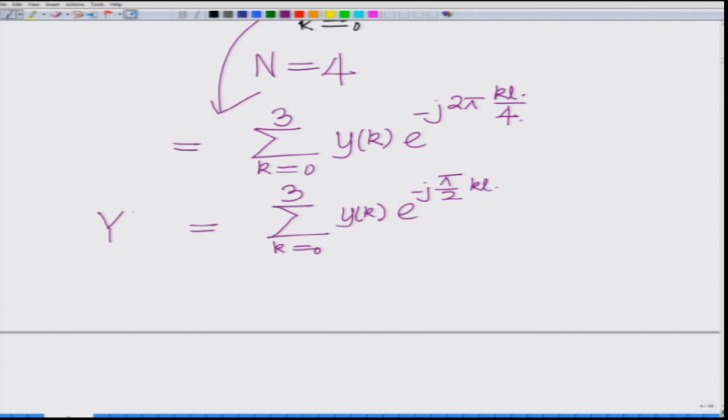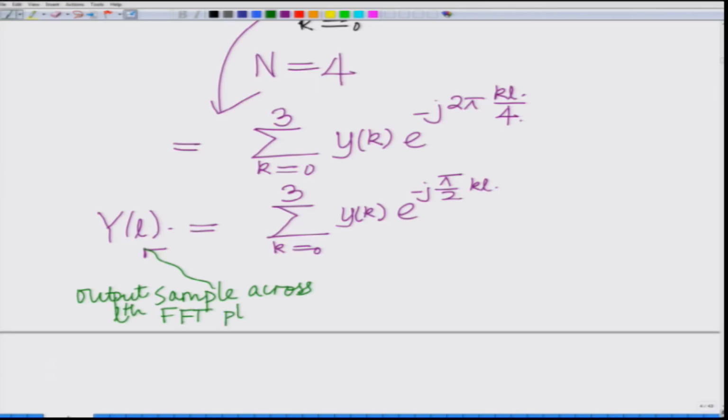Okay. These are the symbols across subcarrier L, or the symbol at the Lth FFT point, or the sample, let us put it, the sample in the FFT domain. So, let us say this is the output sample across the Lth FFT point.